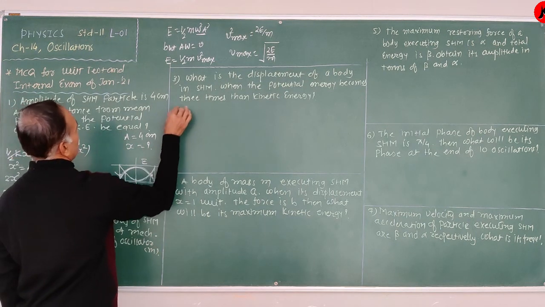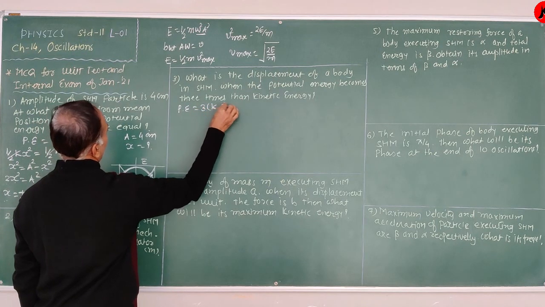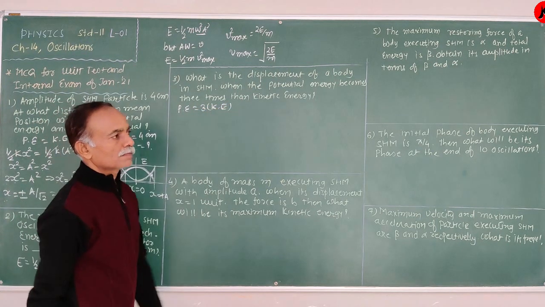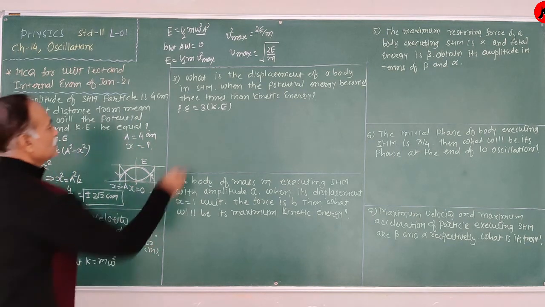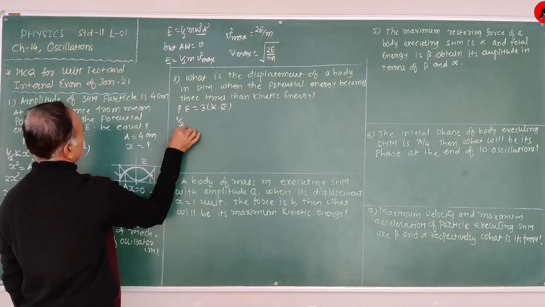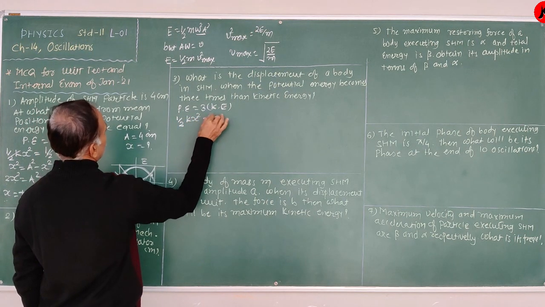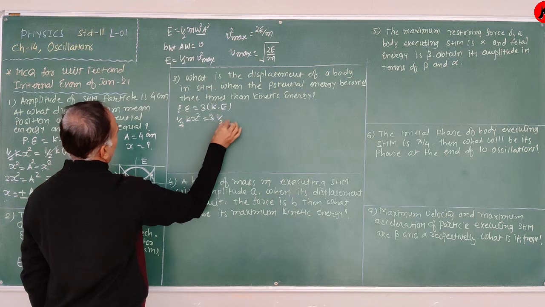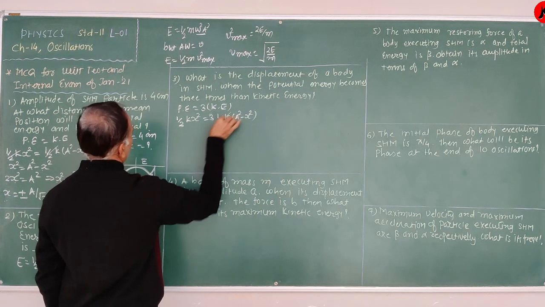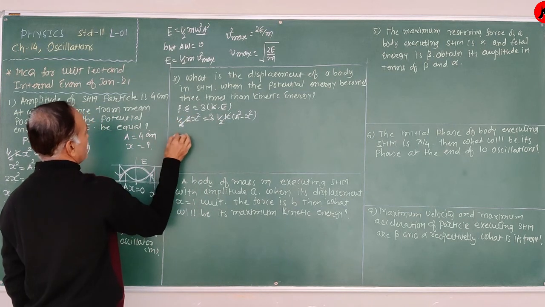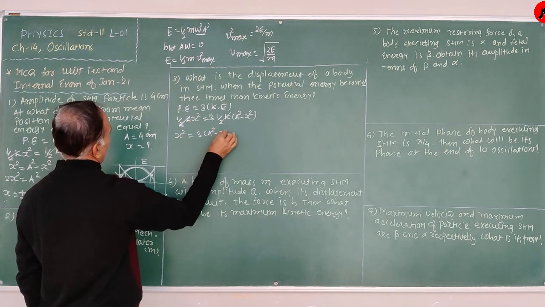We already know the potential energy is half k x square, which is equal to 3 times the kinetic energy, half k into a square minus x square. Half k cancels. Therefore, x square is equal to 3 times a square minus x square.